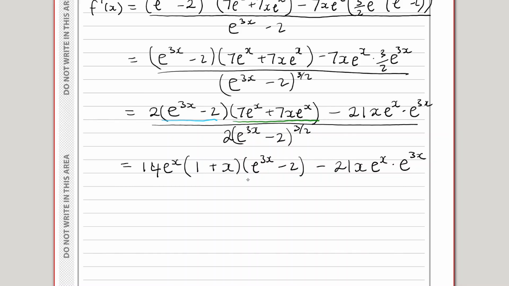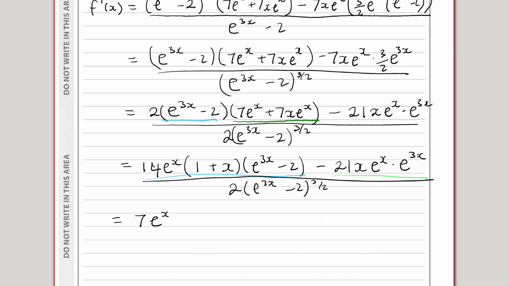Now I've got two terms, so I'm saying 1, 2 terms, and I'm taking 7e^x out of both of them. So I shouldn't forget the denominator. So I'm going to take 7e^x out, which leaves 2 times 1 plus x times (e^(3x) minus 2) as my blue term.